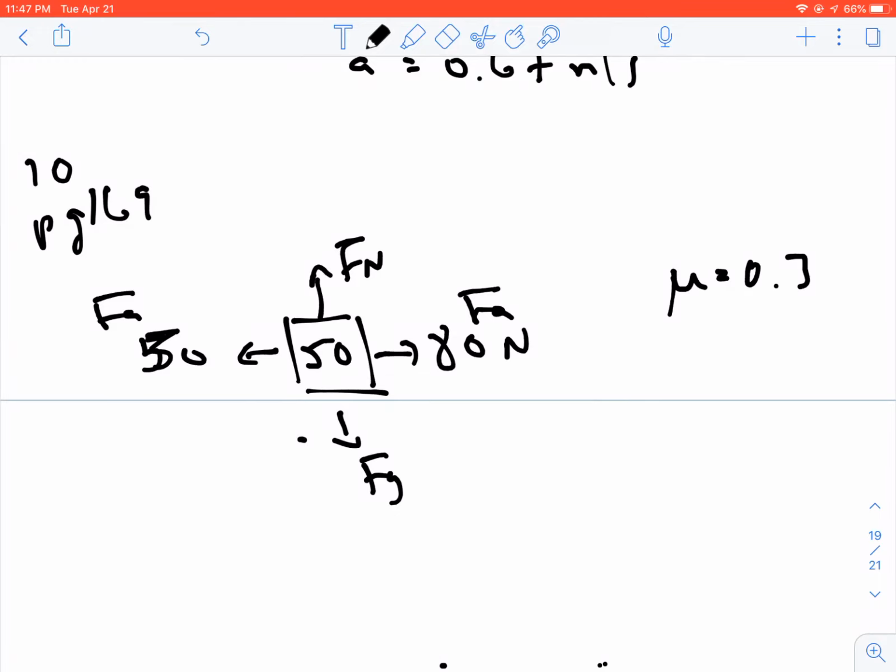Okay, so let's look at what we can calculate. If I'm guessing right off the top, if there's no friction, which way is this crate going to move? It's going to move right, because I've got a greater force to the right, 80 newtons, and only 50 newtons pushing left.